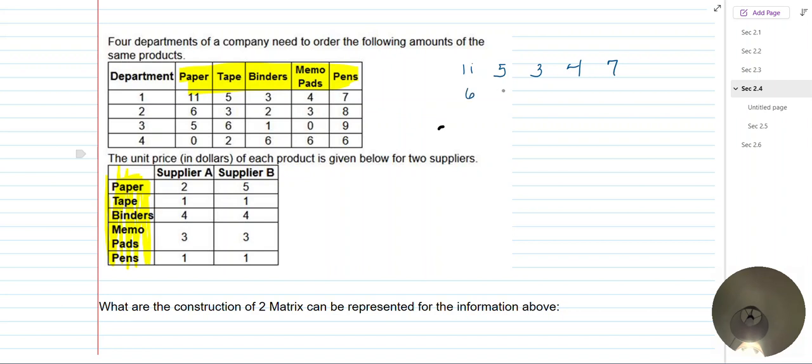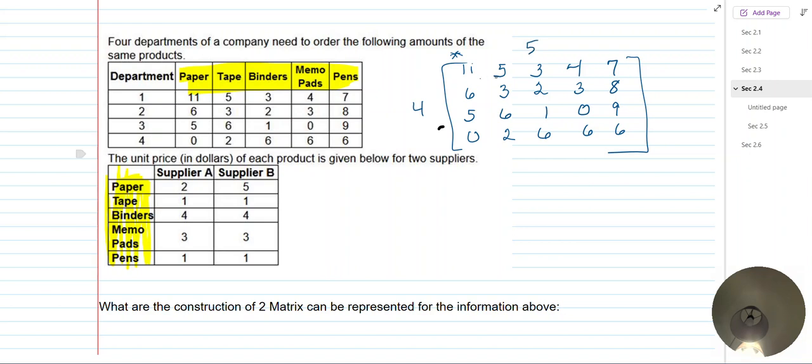Then we'll have 6, 3, 2, 3, and 8. And this one is 5, 6, 1, 0, 9, 0, 2, 6, 6, 6. All right. So we have a 4 by 5, right? matrix.